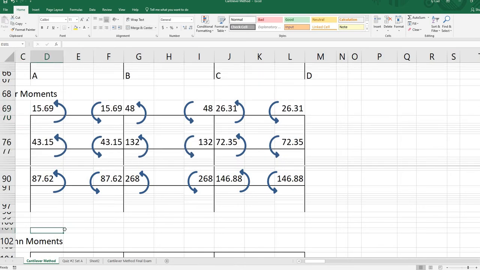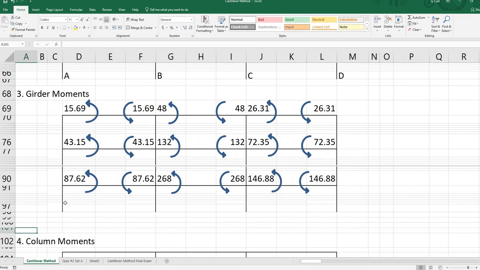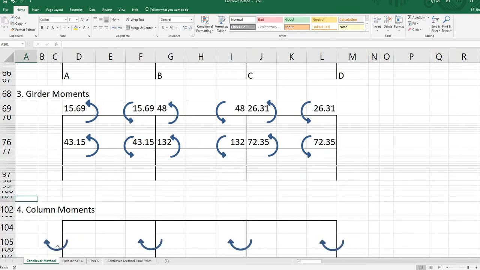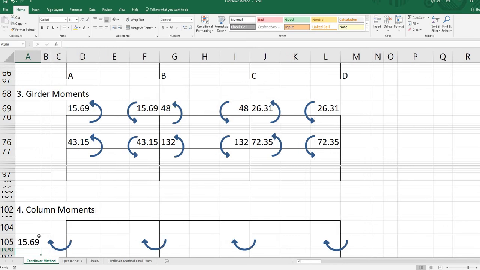15.69. And this is equal to simply 15.69, pero iba ang kanyang direksyon, ano? Magiging clockwise. Notice na 15.69 acting at this node is counterclockwise.